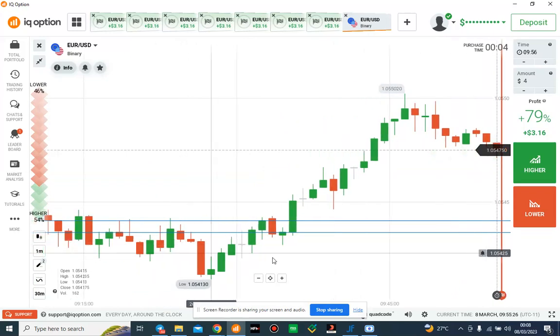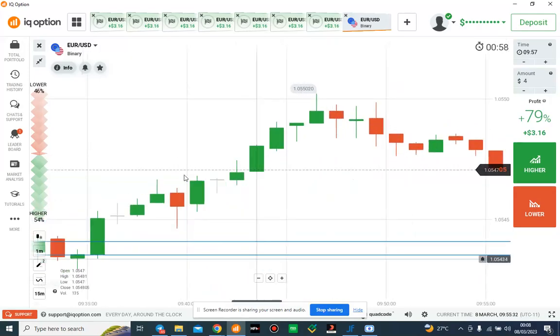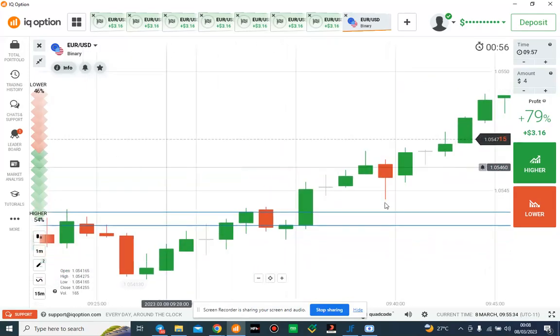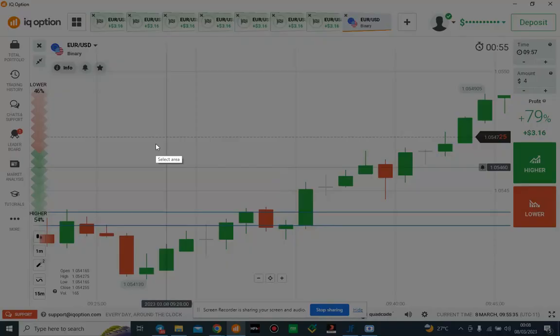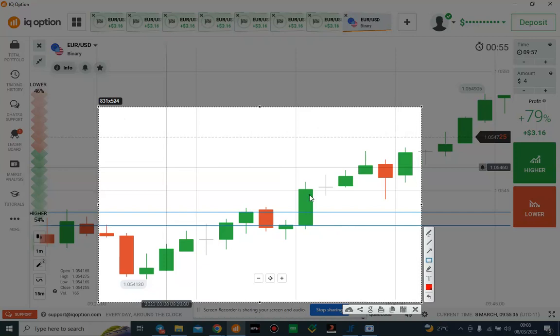This type of doji, you know, a lot of people are still confused about how to trade a doji pattern. A doji pattern is just like a neutral spinning top, and we have different types of doji. We have the red doji, we have the green doji, then we have the white doji. This is the white doji.